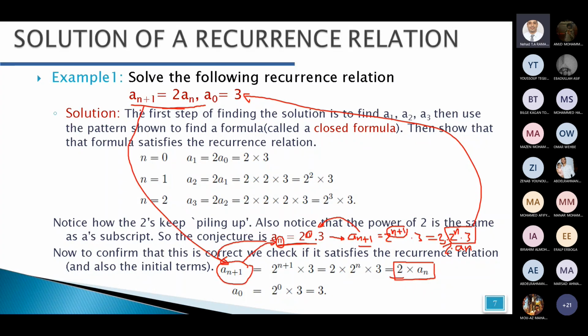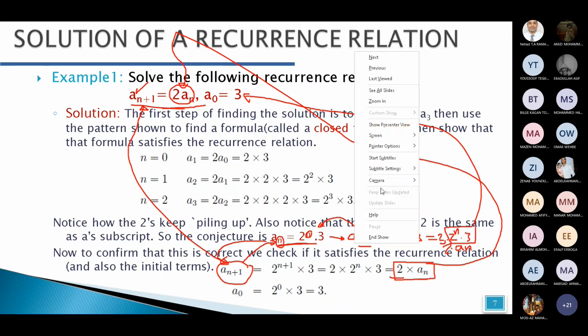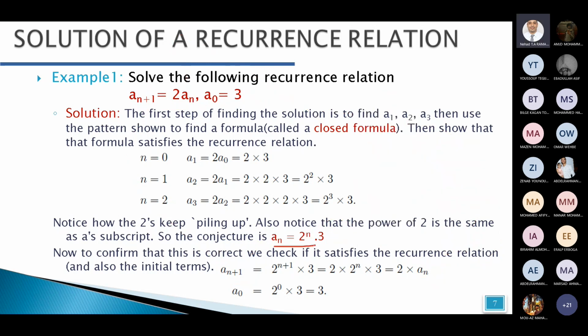So we start from an plus 1, apply the solution, and get 2an, which is this one. So it's correct. When we solve an plus 1 using this solution, we get the right side. So we satisfy the recurrence relation.